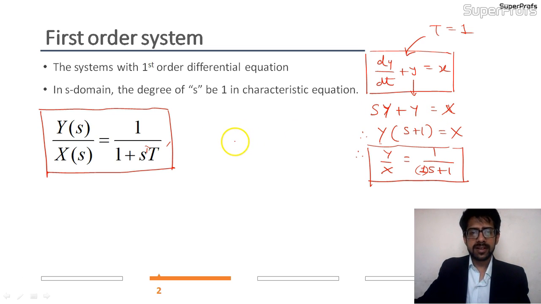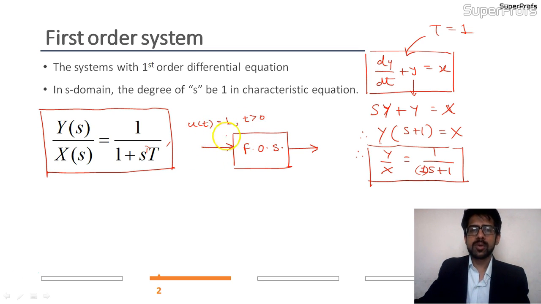We will move forward and see how exactly the response of first order system looks like. We'll be studying the response of any first order system. To get the response, we will subject the first order system or any system to a unit step function u of t, which is equal to 1 for t greater than or equal to 0.